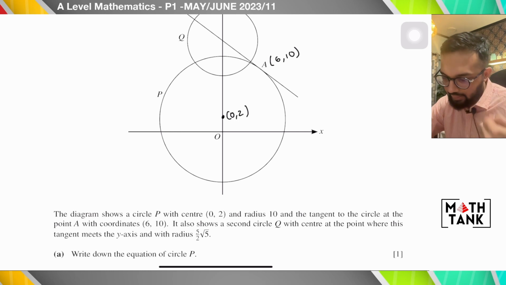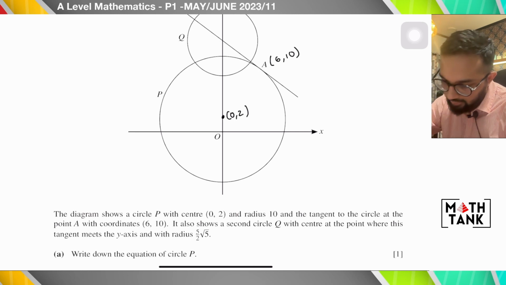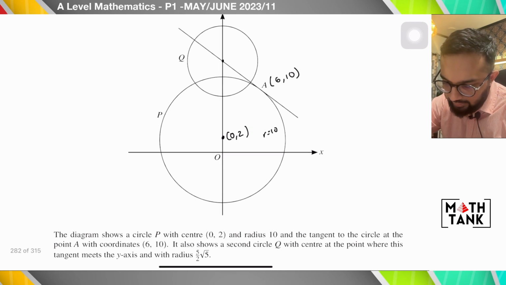It also shows the second circle Q with center P, at the point where this tangent meets the y-axis, and this has a radius of 5 root 5 over 2.